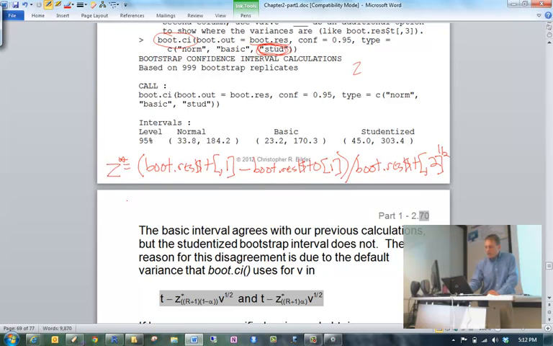Now, when the interval is actually being calculated, so you have t minus z star, I'll just do the lower bound here, 1 minus alpha. In order to calculate then this variance, it actually goes to what's in T0.